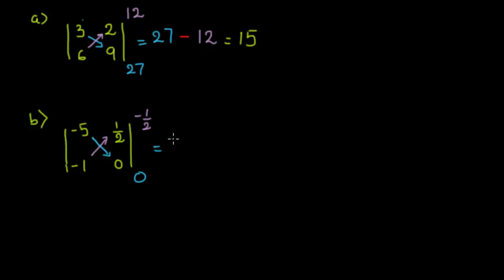So we have 0, negative, and the negative is in red. And my top is -1/2, so I need to use parentheses around -1/2. So we have negative of -1/2, which gives me positive 1/2. So 0 plus 1/2 gives me 1/2.